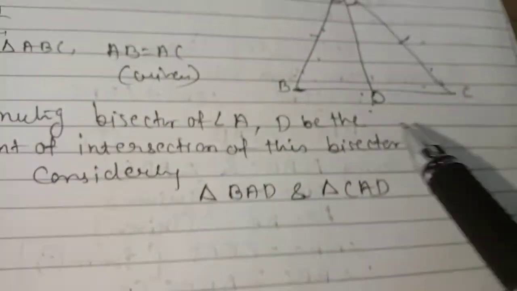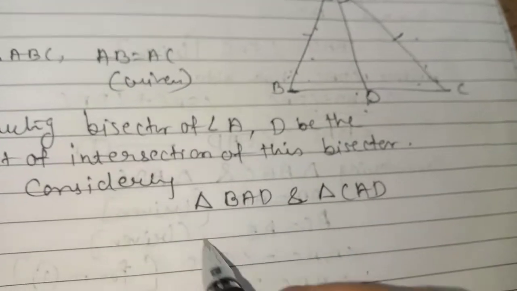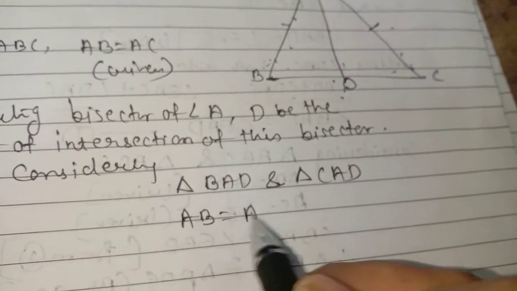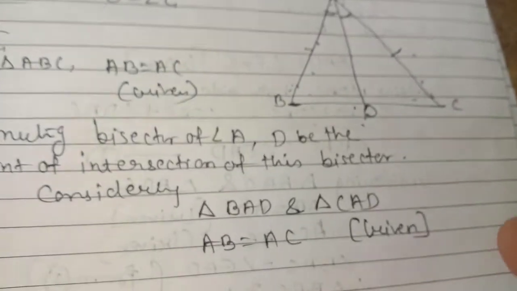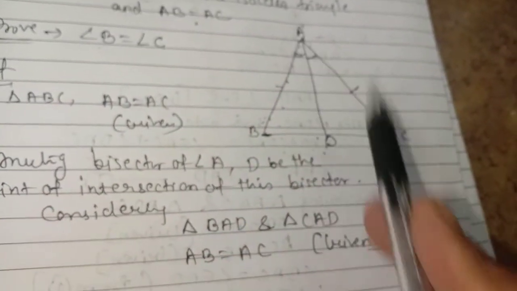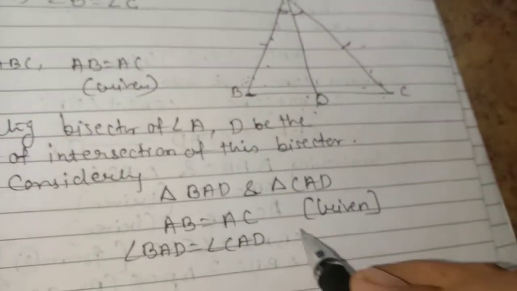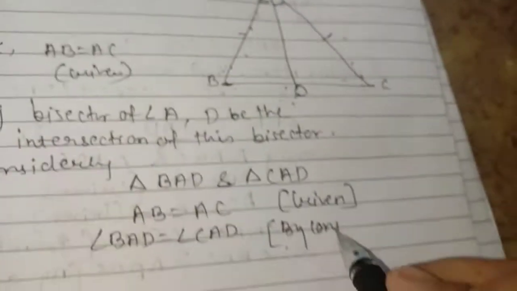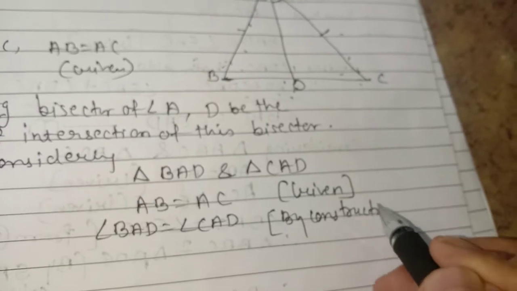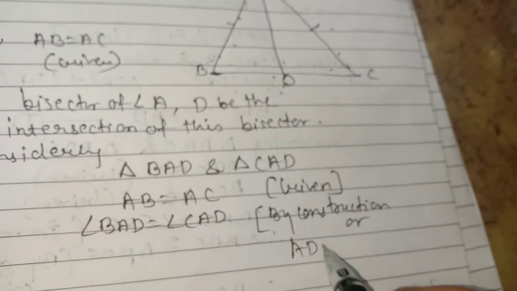We have AB is equal to AC, already given in the question, so we will write here AB is equal to AC, given. Then we will write that angle BAD is equal to angle CAD. We have constructed the bisector. Why? By construction, or you can write AD is the bisector. Anyway, I am writing both.